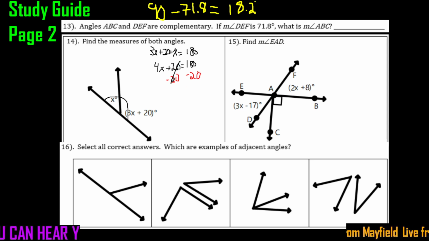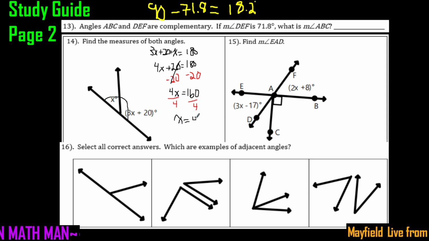On the left side, these cancel out, and so I'm left with 4x. Again, I'm using a mouse currently, so I do apologize if it's hard to read, but hopefully you can make sense of it. So again, I take 180 minus 20 is 160, and then last step, I can divide both sides by 4 to solve for x. And so x is going to be equal to 40.